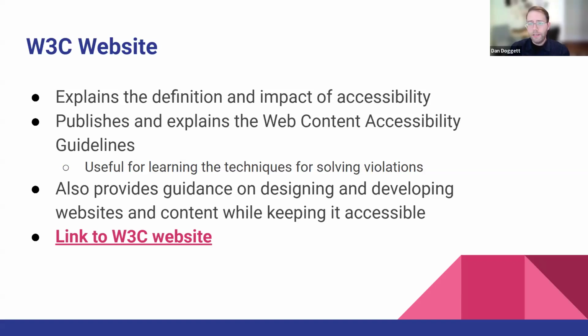Those are basically the structure that we use to build our accessibility guidelines within the state and federally as well. They also provide a bunch of guidance on designing and developing websites and content, so there's just a wealth of information there. There are free courses you can take. And at the very end there, I also put a link to their website as well.